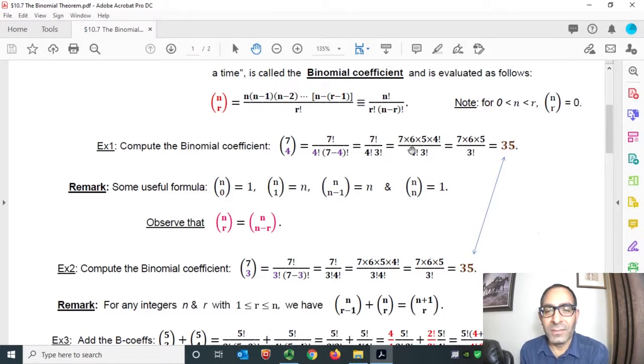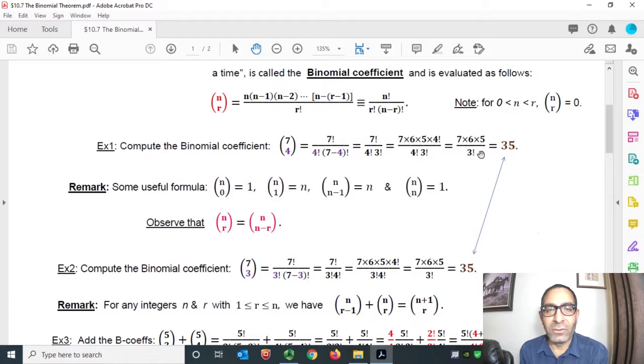And in the next step, we can rewrite 7 factorial as 7 times 6 times 5 times 4 factorial. We stop at 4 factorial because we have 4 factorial in the denominator, so we can cancel the 4 factorial in numerator and denominator. In the denominator, we have 4 factorial times 3 factorial. We cancel the 4 factorial. Then we have 7 times 6 times 5 over 3 factorial.